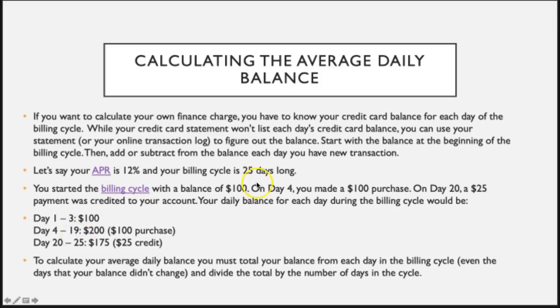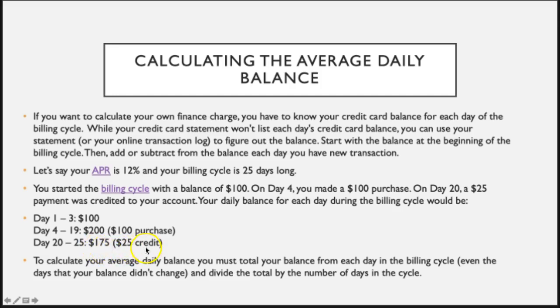Why day 19? Well, because on day 20, you make a $25 payment to your credit card company. What that's going to do is it's going to reduce your balance by $25. So $200 minus $25 is $175.